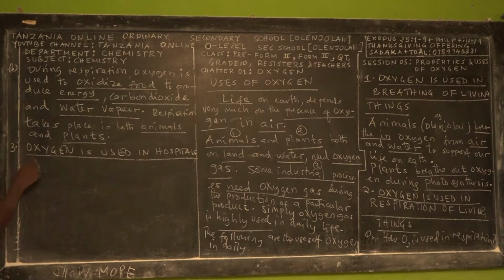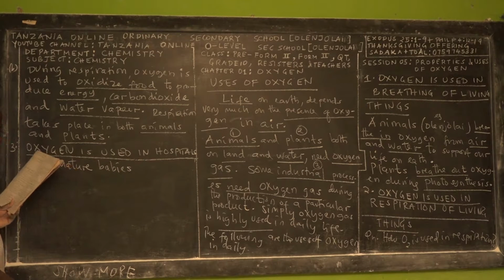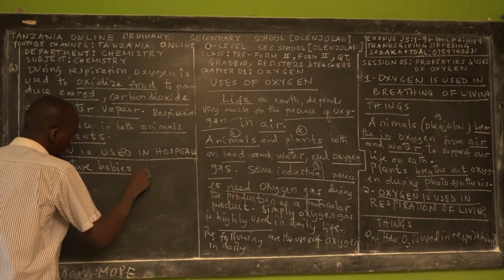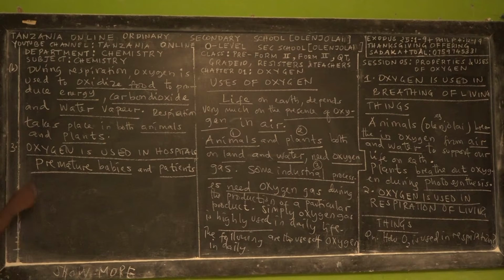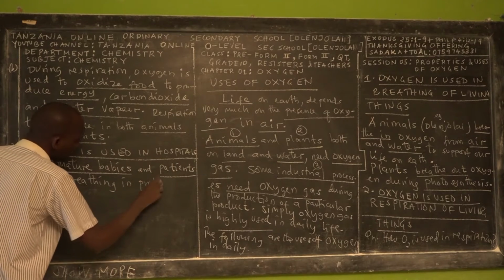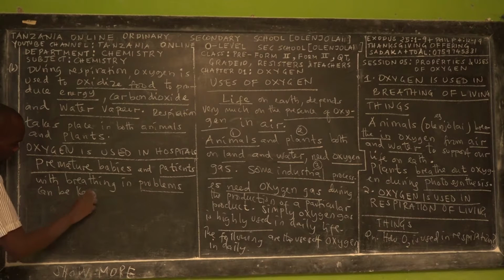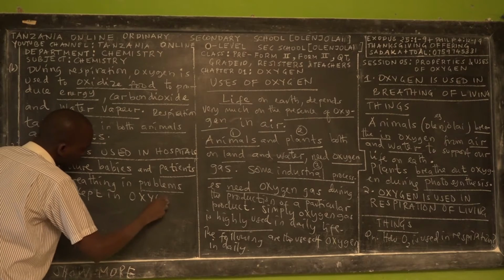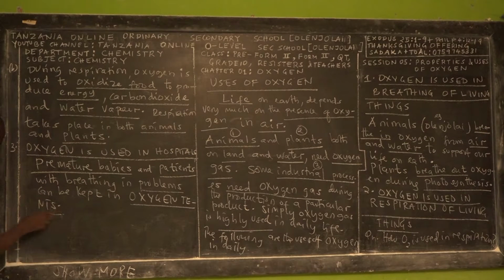The first one we said are premature babies. The first group, premature babies who cannot breathe well, and patients with breathing problems, can be kept in oxygen tanks.